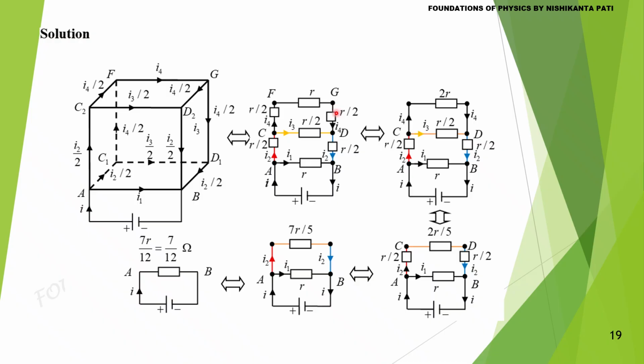G to D, I4. So G to D, I4 by 2, I4 by 2. Similarly, we can find current in other edges.